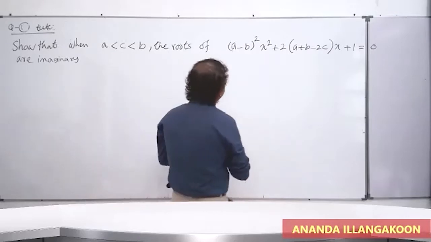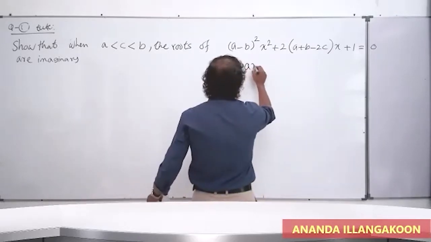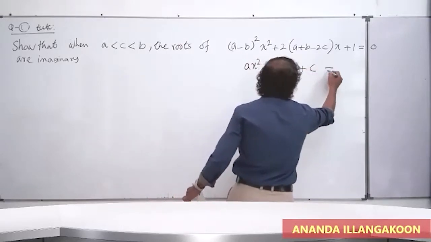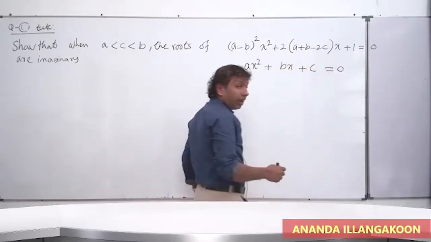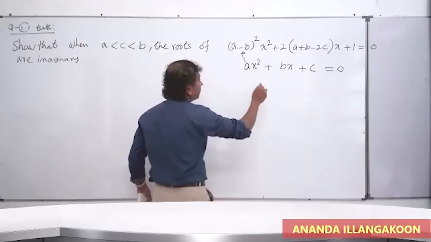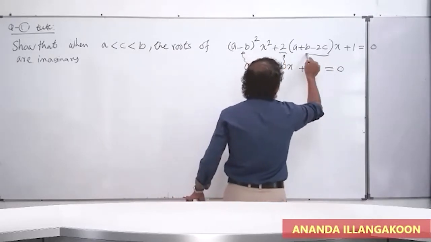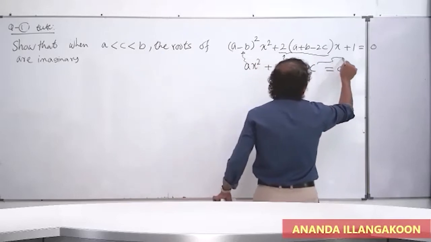By writing here the standard quadratic equation like this, I'm going to compare. In the place of a, here we have a minus b squared; in the place of b, this whole thing; in the place of c, this one.